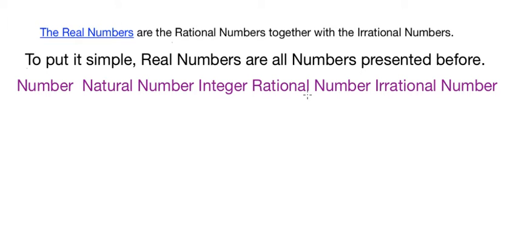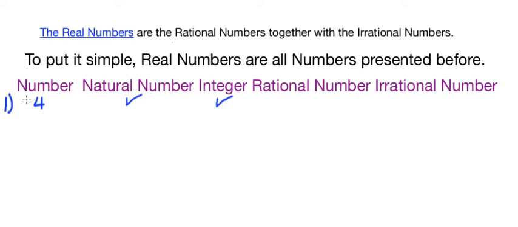Now, for you to see examples of how you should identify given numbers, let me give you some here. Number one, suppose they say, given the number 4, classify the number 4. The number 4 is a natural number. It is also an integer.